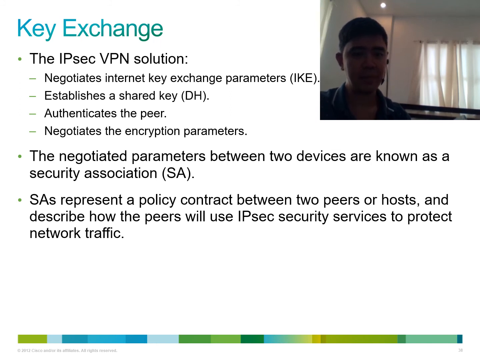Also in the IKE, very important parameters to consider are to authenticate the peers, say the two branches you are to establish the VPN between, and negotiate the encryption parameters.